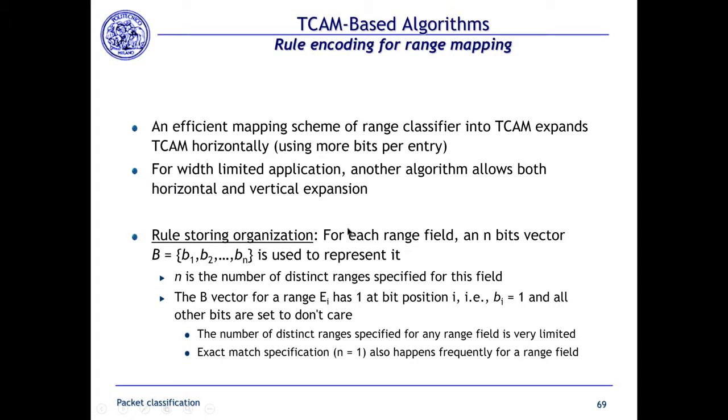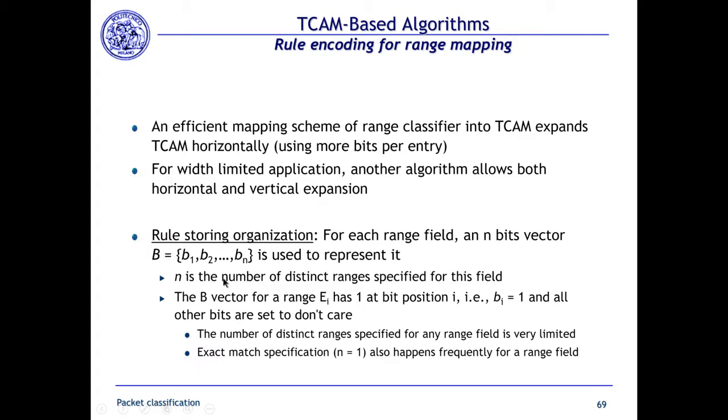So for each range field, so the field that is expressed in the similar way as we have seen before, we will define an n-bit vector, that is this vector here, where n is the number of distinct ranges that are specified for a specific field, and b is the vector of ranges.